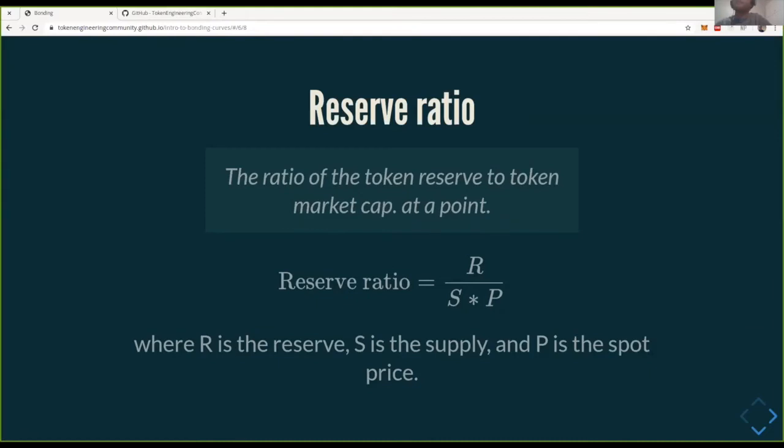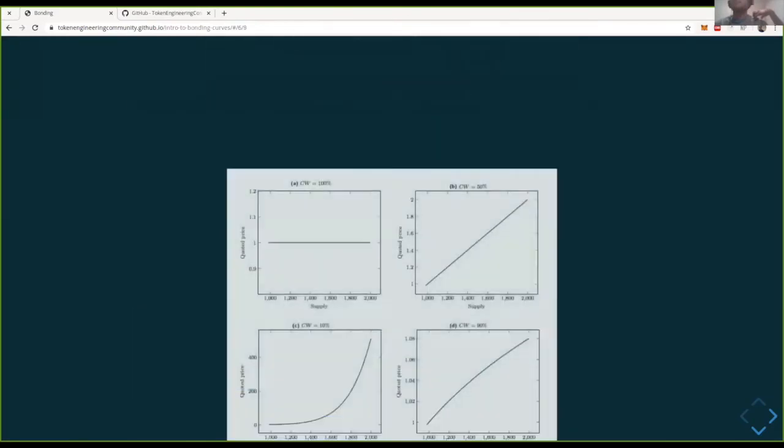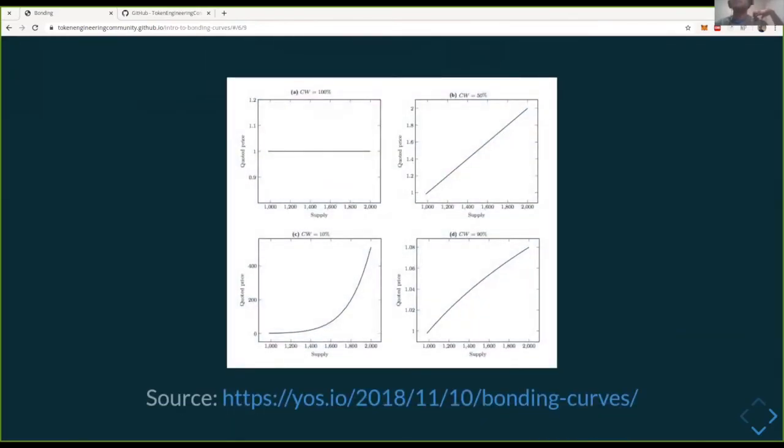This is the ratio between the reserve, or the area under the curve, to the market cap, where the market cap is the value of your total token supply multiplied by the spot price. And here you can see how varying a parameter such as your reserve ratio can have an effect on the resulting bonding curve.